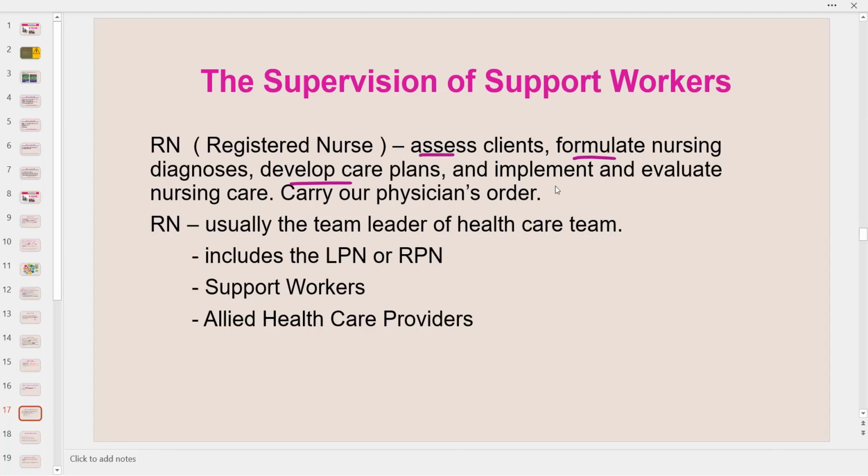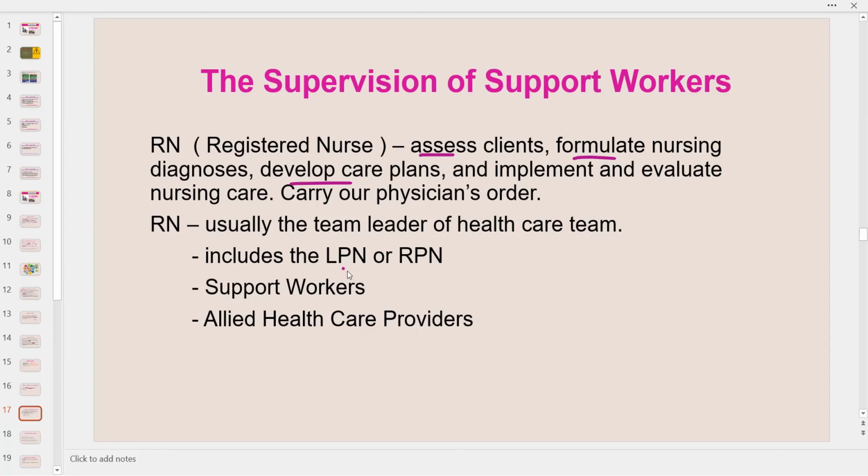In some facility or work settings, the RN functions as the director of care, director of nursing, care manager, education manager, or clinical lead manager.